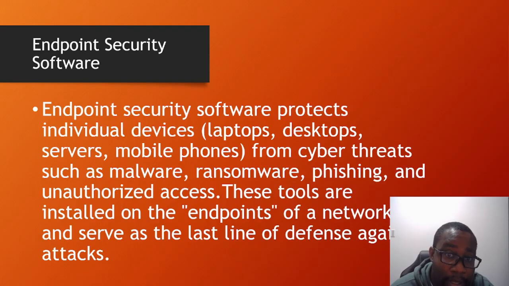Endpoint security software. So this is software that protects individual devices from cyber threats such as malware, ransomware, phishing, and unauthorized access. These tools are installed on endpoints of a network and serve as the last line of defense. And as you can pick up from the definition, these are like your antivirus, maybe a VPN, stuff like that.